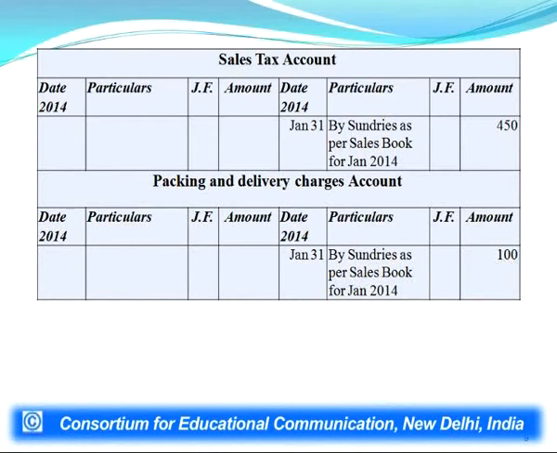So, there are a few differences while making posting or treatment of the credit sale and credit purchase. In credit purchase, sales tax is part of the cost of purchase, so it is included in that, and we do not prepare a separate account. But if it is VAT, the value added tax, then the treatment will be different, as we have already explained in the chapter of journal.